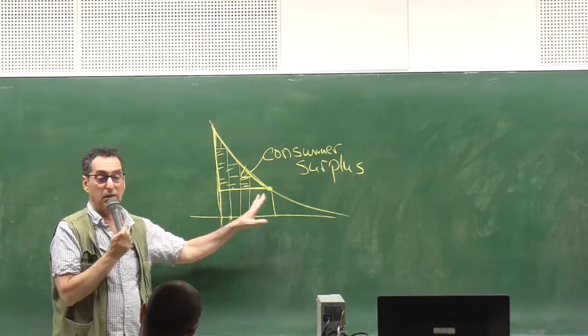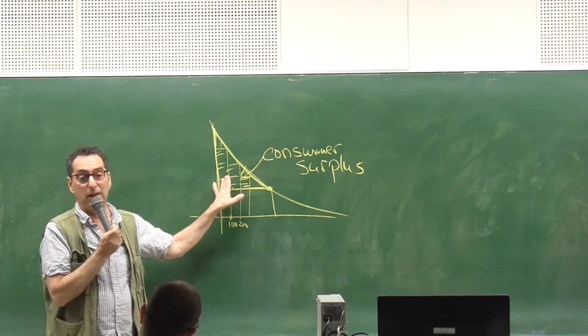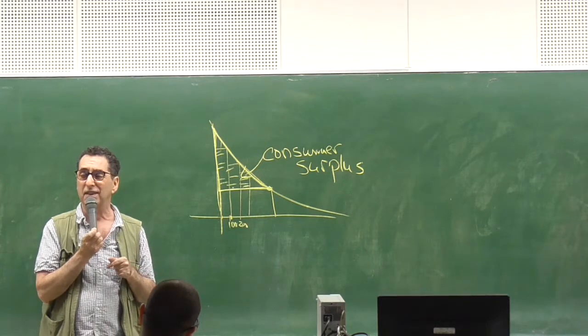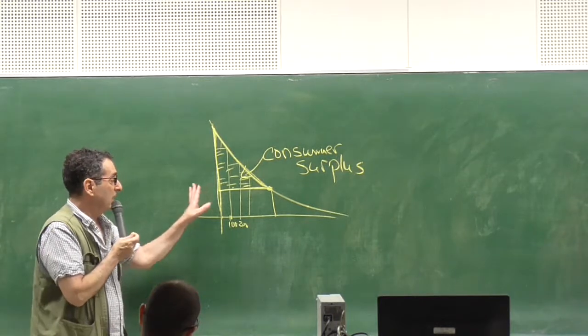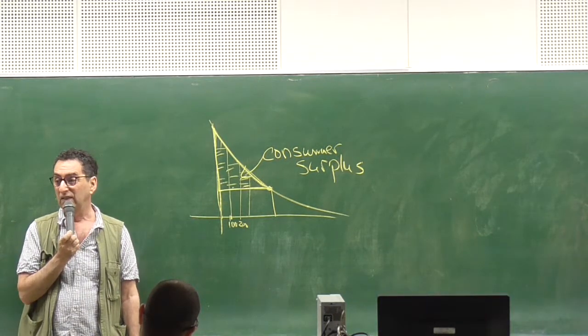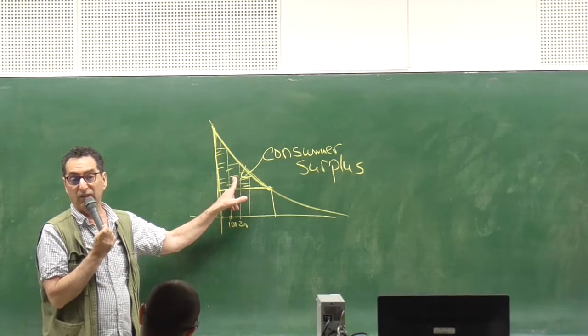Because the consumer as a whole is kind of benefiting by that much because of this process of selling, of not, what do they say, not discriminating on price or something like that. Okay, so by deciding a single price for everybody, there's a certain loss. And this is it, right here.